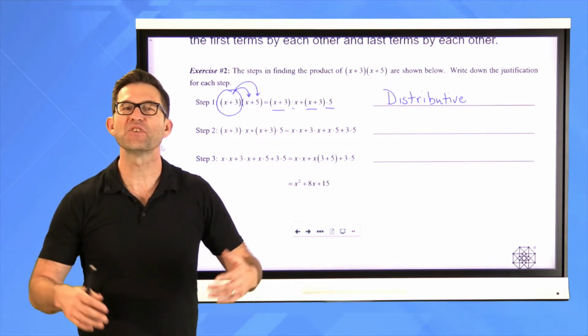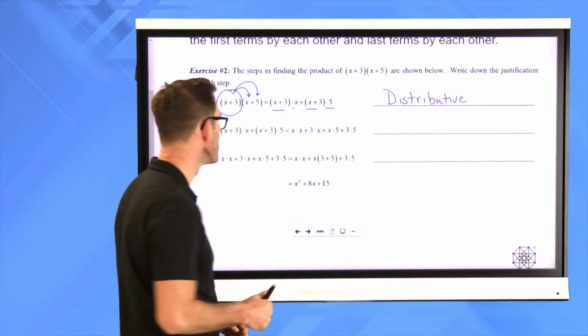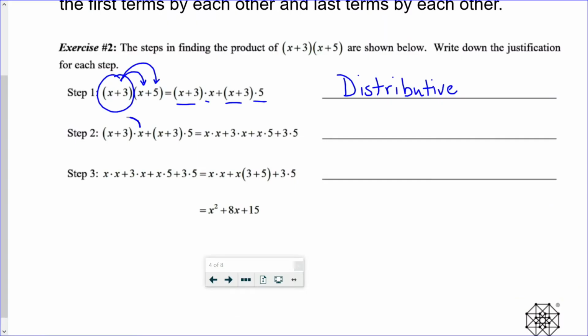Well, that is the distributive property again, hence the name double distribution, right? In fact, what I've done is I have multiplied this x through here to get x times x plus 3 times x, and then I've distributed the 5 through here to get x times 5 plus 3 times 5. So yet again, that is the distributive property.